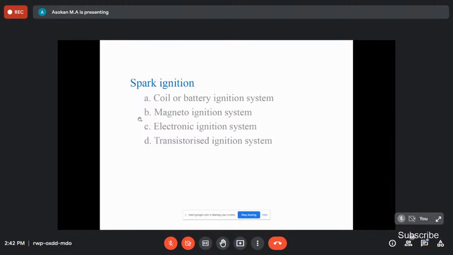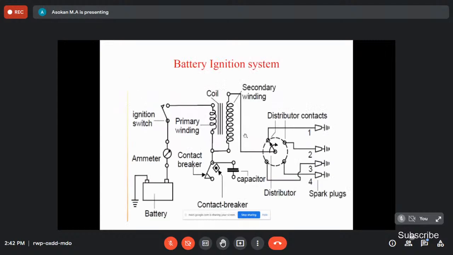With speed and load conditions, the arrangement can change the sparking adjustments. There are coil or battery ignition systems, mechanical ignition systems, electronic ignition systems, and transistor systems. We go through the battery ignition system. There are primary windings and secondary windings, with the primary connected to the battery. The number of turns is much higher in the secondary winding.